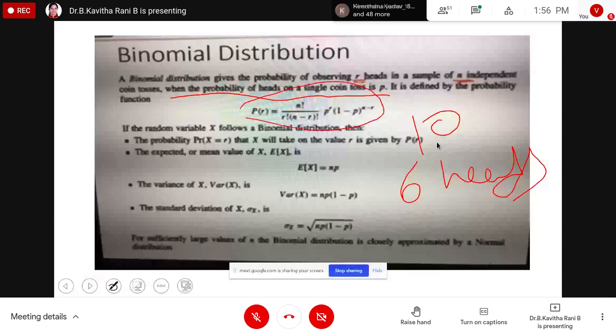In this formula, n factorial is the number of coin tosses, r factorial is the number of times heads are observed, n minus r is the number of times heads are not observed, p to the power r is the probability of observing heads in a single coin toss.